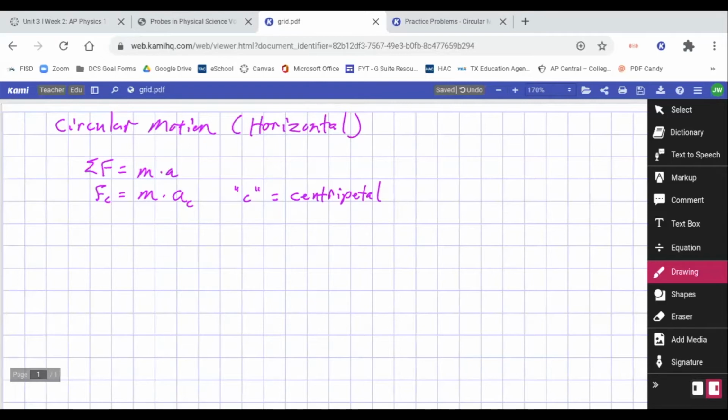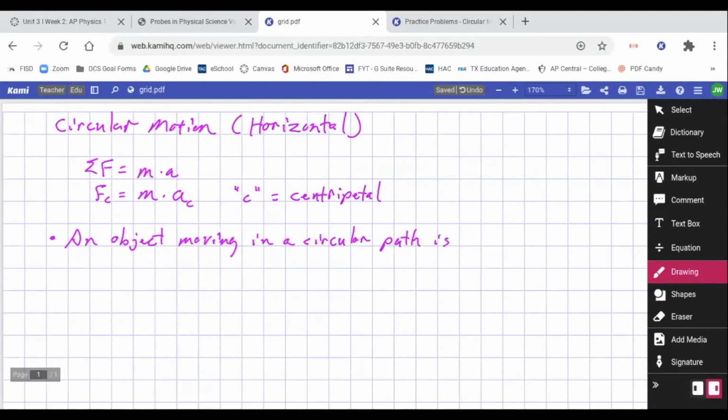So that's cool. So let's talk about an object that is moving in a circular path. My first bullet point is going to be: an object moving in a circular path is continuously changing direction.